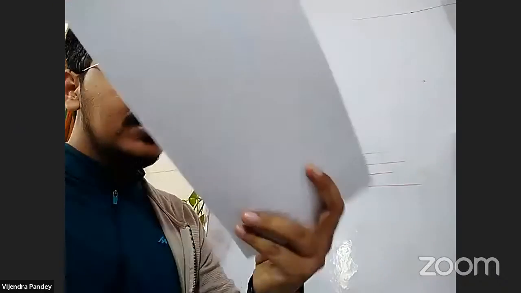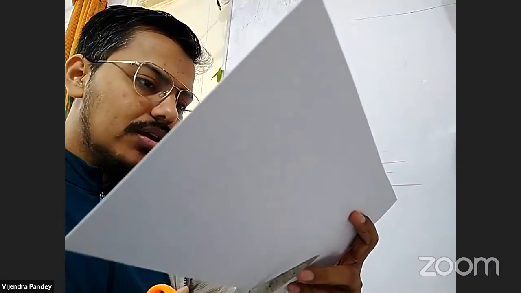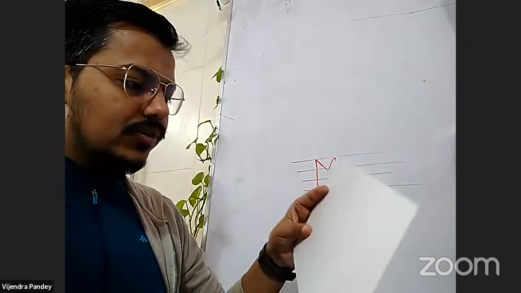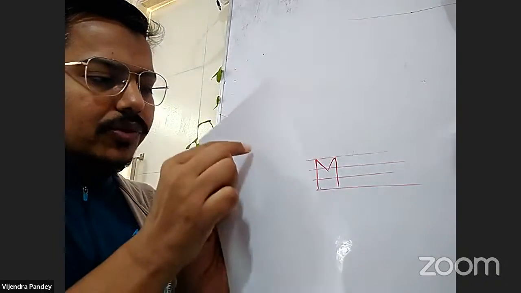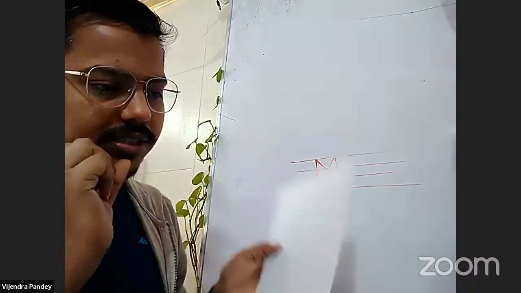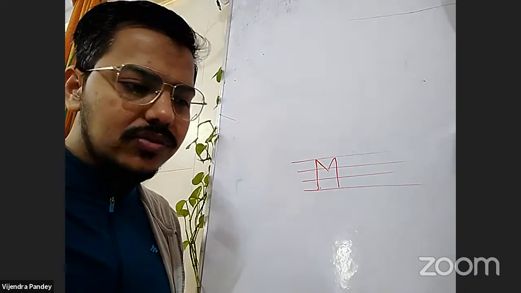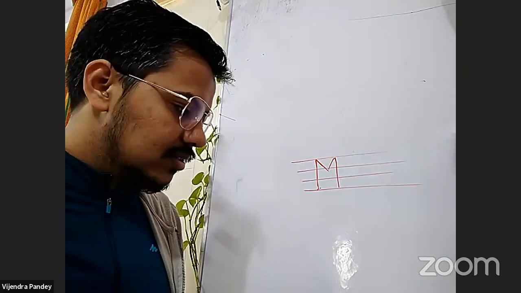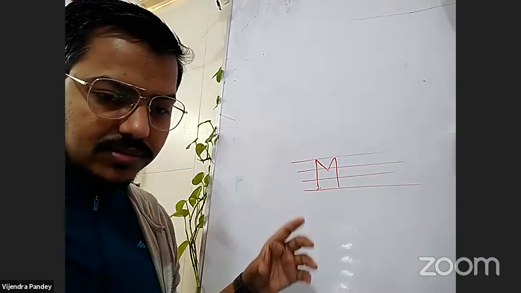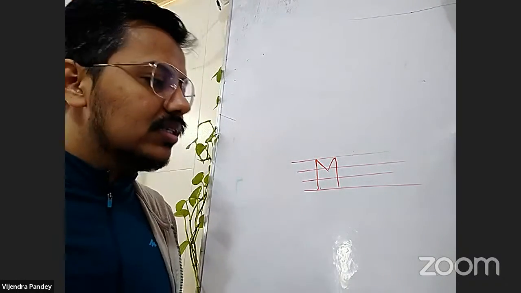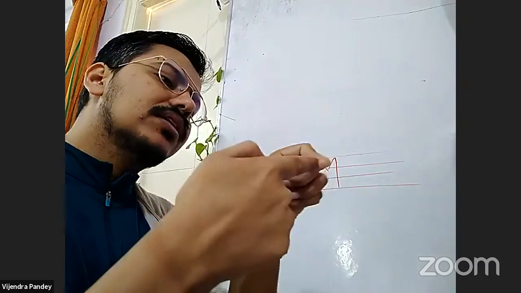I told you to keep this thick paper. Whether it's an A4 sheet, it's fine. You have to cut one small box. The ratio should be 16:9, the similar ratio your phone has, not the older phones or the newer phones. How much can it be? 2 inches by 3 inches.